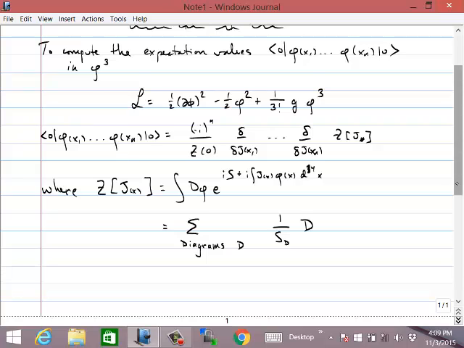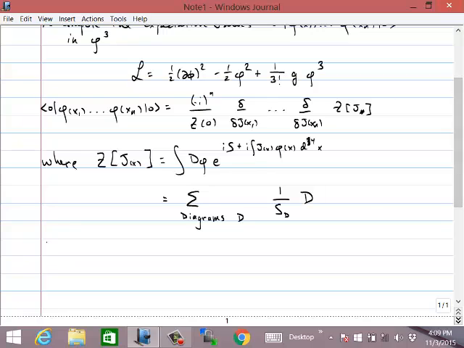And the rule that we used was that the diagrams that contribute are built out of 3 ingredients. So they're built out of external vertices, which we denoted with some black dot here.